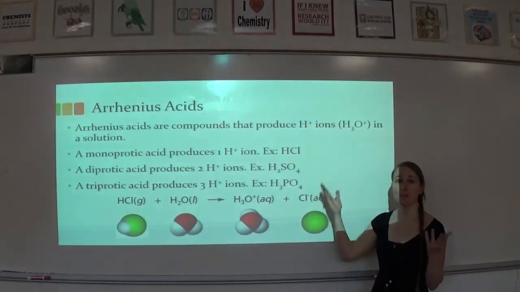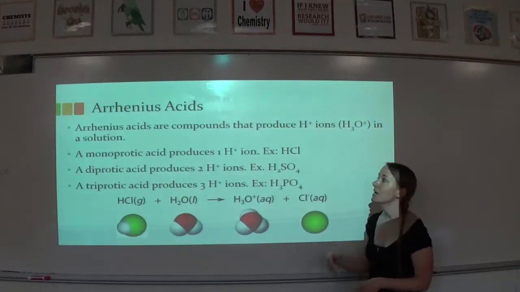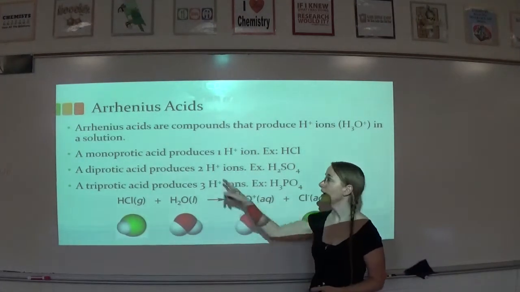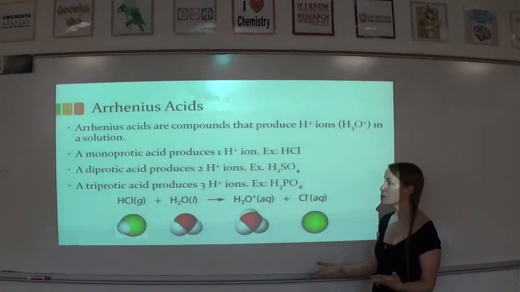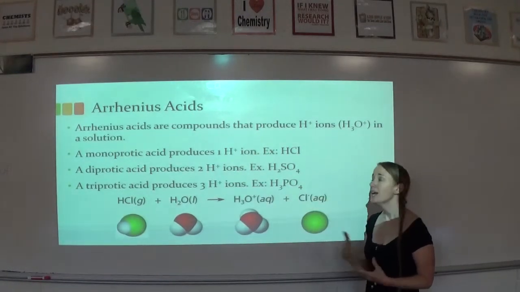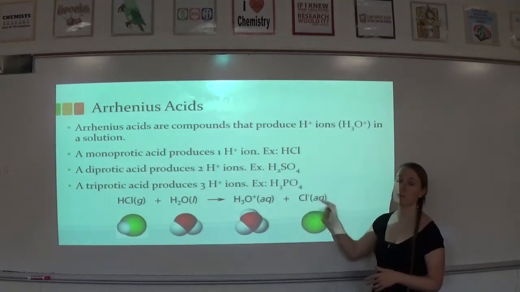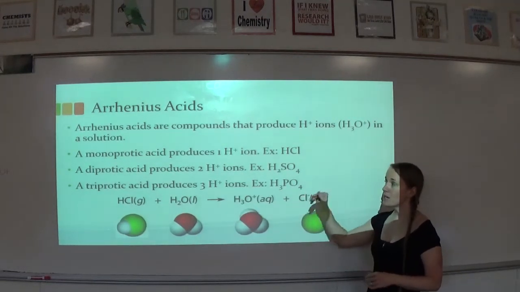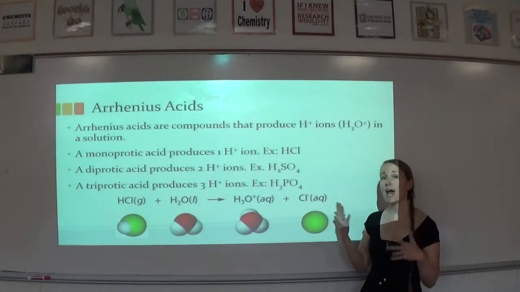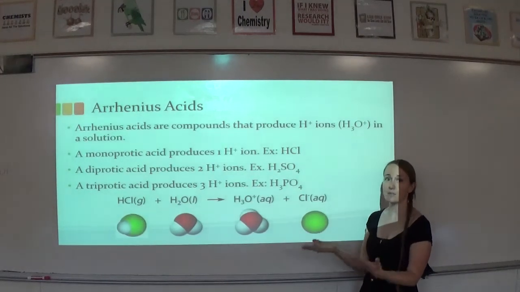So HCl has one hydrogen that can be released. Diprotic, di means two, has two H+ ions that it will produce, like H2SO4, and triprotic can produce 3 H+ ions, like H3PO4. So monoprotic, diprotic, and triprotic are just letting us know how many acidic hydrogens a molecule has.